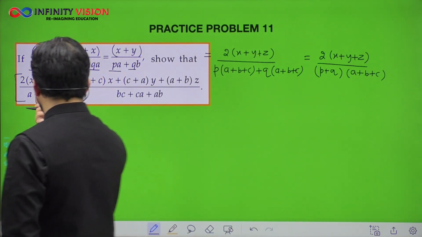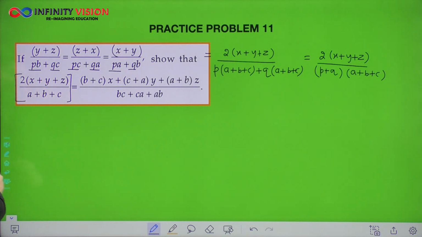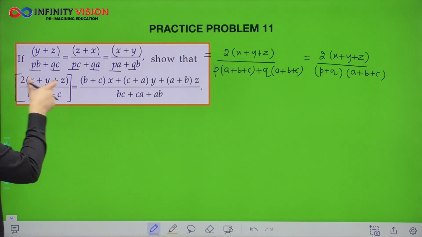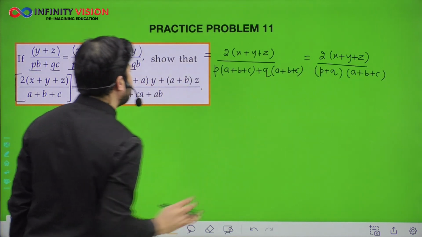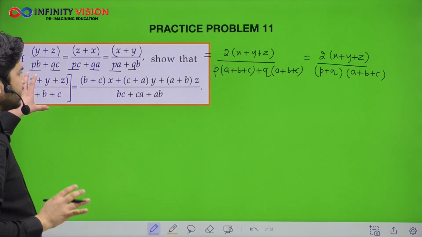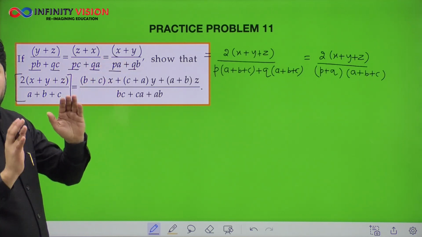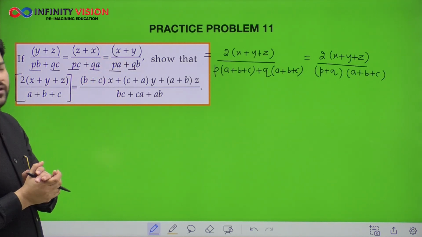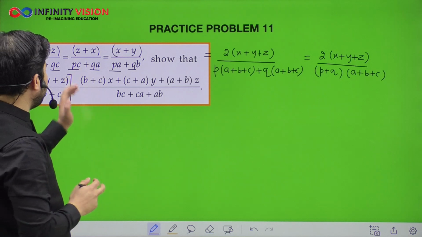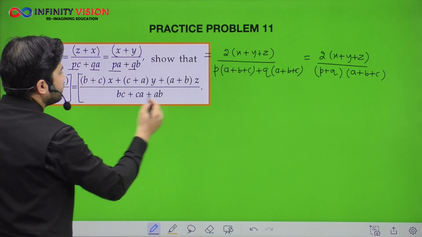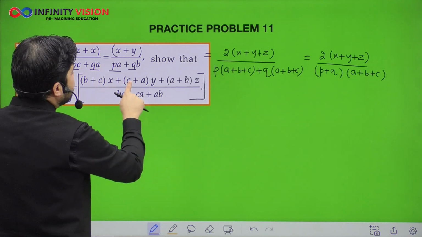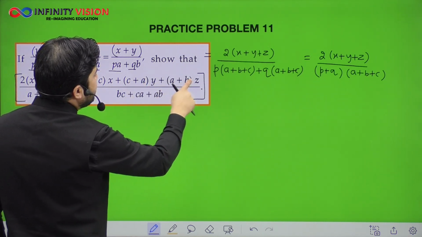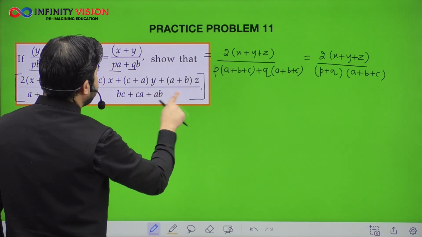And if I look at the left hand side of this equation, it is somewhat similar to that, but you have an extra term in the consequent, that is p plus q. So we'll just focus on which parts are the same, so that we know we have moved in the right direction. Now if I look at the right hand side, you have b plus c into x and c plus a into y plus a plus b into z upon bc plus ca plus ab.